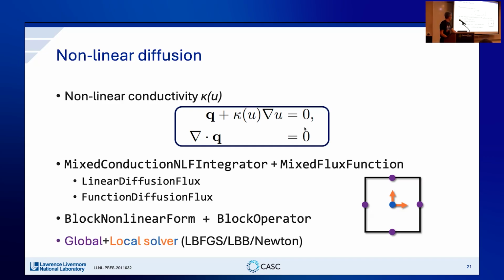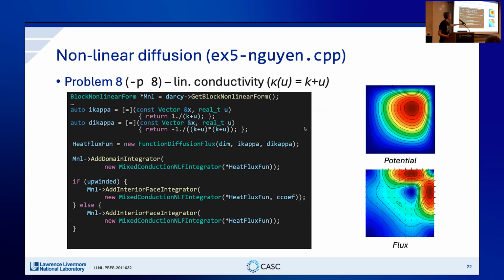And that constructs, in this case, some block operator. But in the end, again, you have this kind of two-level approach, global and local solver. But for the user, again, it's very simple. Here you just set up the diffusion coefficient, add it to that integrator, and that's it.